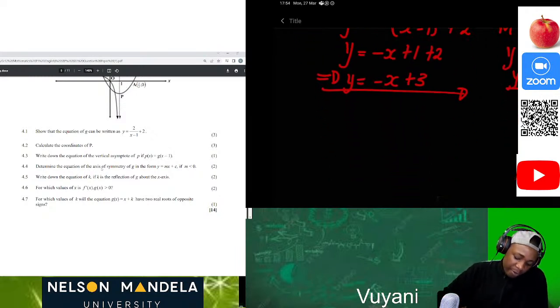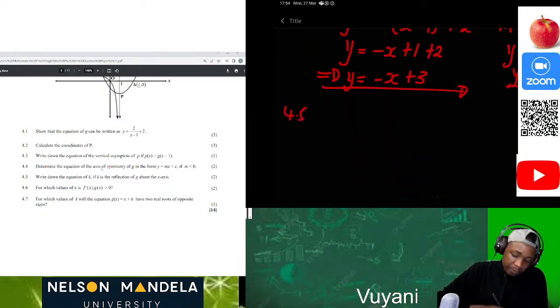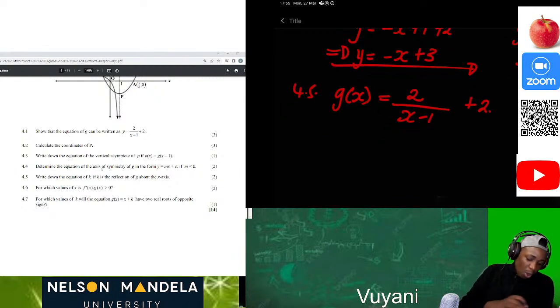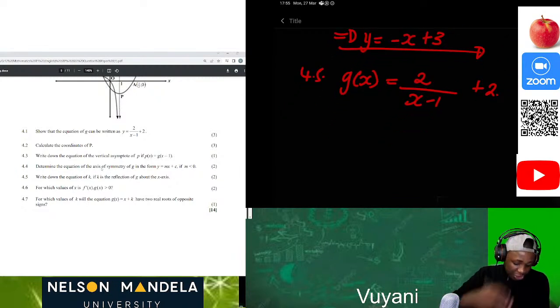Now on 4.5, let's go. Write down the equation of k if k is the reflection of g about the x-axis. So again, g of x now, which is equal to 2 over x minus 1 plus 2, has been reflected along the x-axis, which means the whole graph will change.